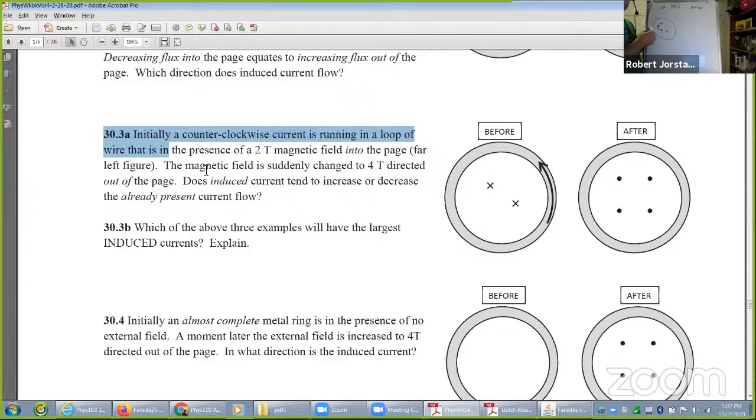And there's already present current. So, okay. We're going to come over here to this one. The external is going to flip and be brought closer. Got it.